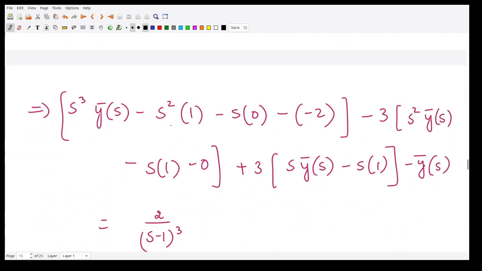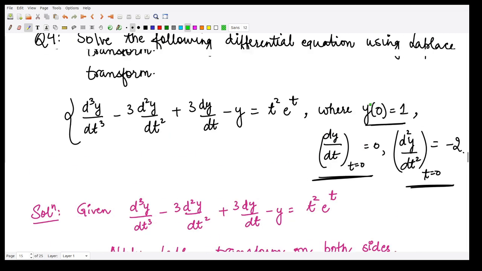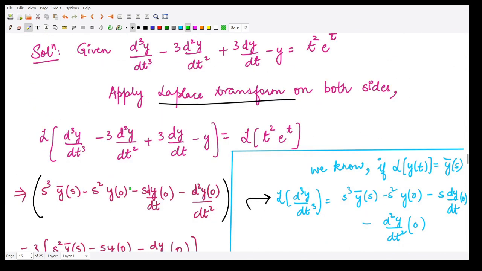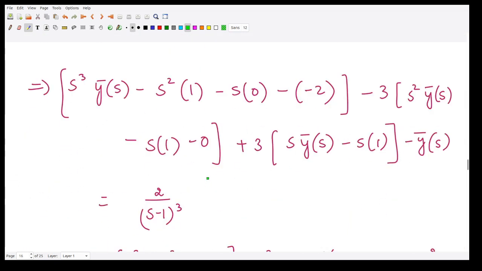So next you substitute all these constant quantities given to you in the question, the values 1, 0 and minus 2 here, so that here you will substitute y of 0, this term and this term. Again for the second term you will substitute this value, and for the third you will substitute this value, so that you obtain 1, 0 and minus 2 here, 0, 1, 0 here and 1 here.